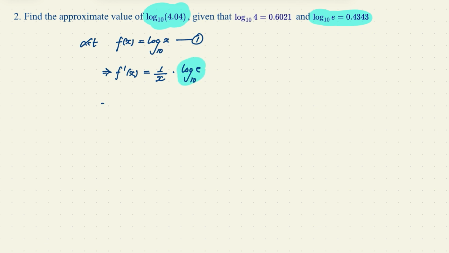Then it will be f dash of x equals 0.4343 by x. So let this be equation 2.